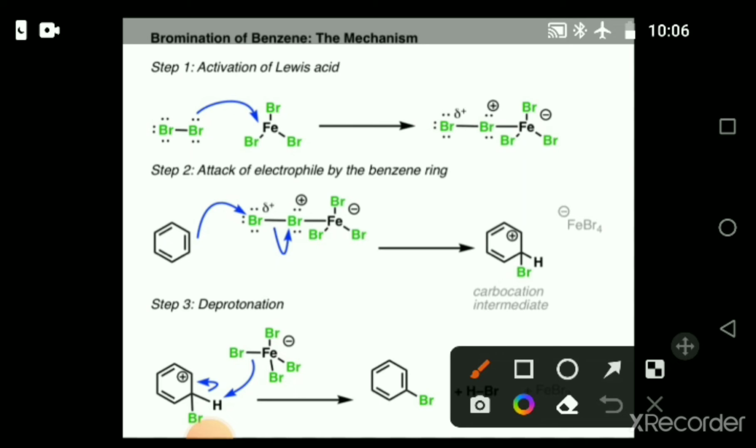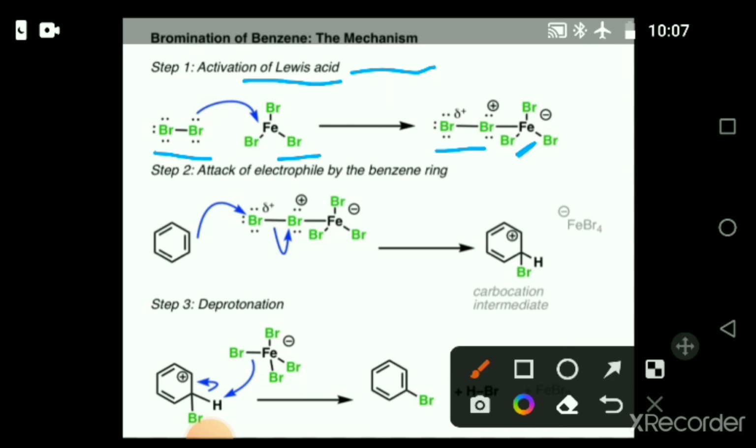So, coming to the mechanism, the first step is activation of the Lewis acid or catalyst. In this, FeBr3 plus Br2 gets attached to the iron atom and forms a cation and an anion.